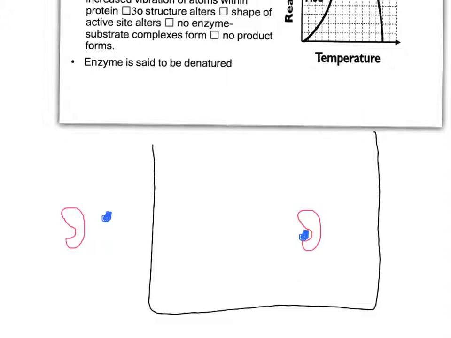Now that occurs up to the optimum temperature, okay, when the rate is at a maximum, but at that point what happens is that the heat will cause a disruption in the hydrogen and ionic bonds that hold this tertiary structure together, altering its shape, okay, which ultimately means that the substrate, although it will be moving around with a tremendous amount of energy, and will collide frequently with this structure here, because the active site is no longer complementary in shape to the substrate, no enzyme substrate will form, and therefore no product will be formed.